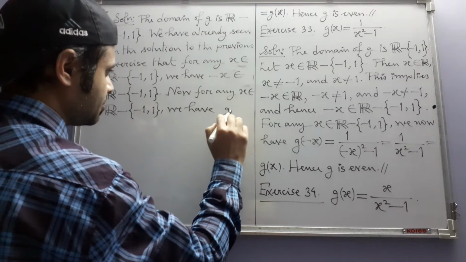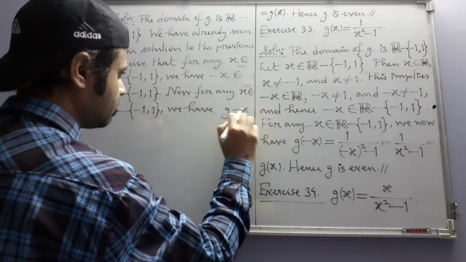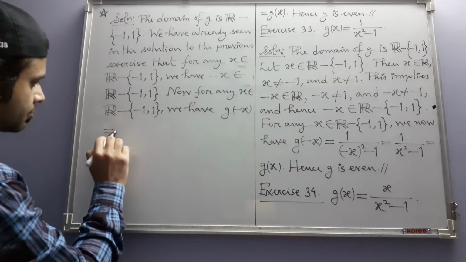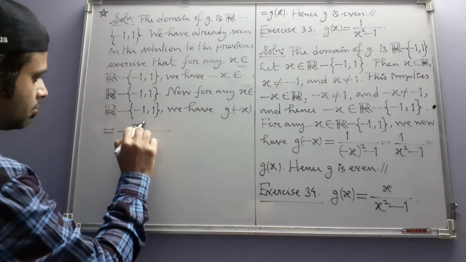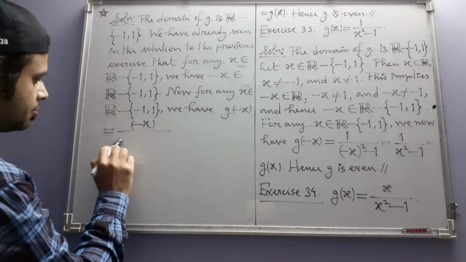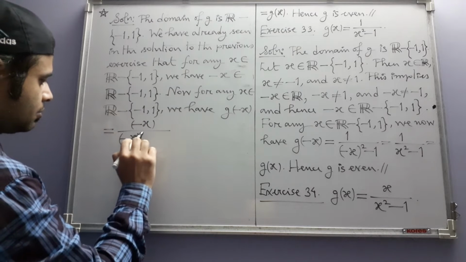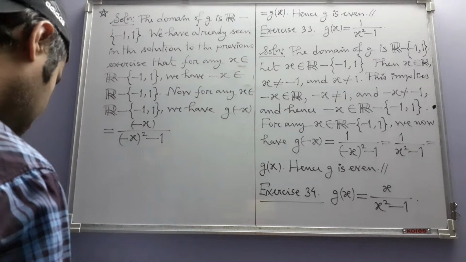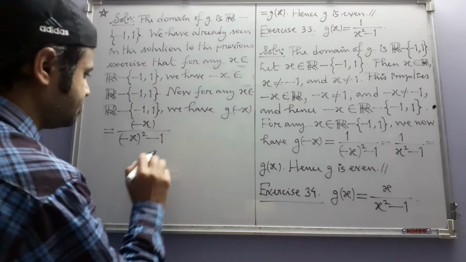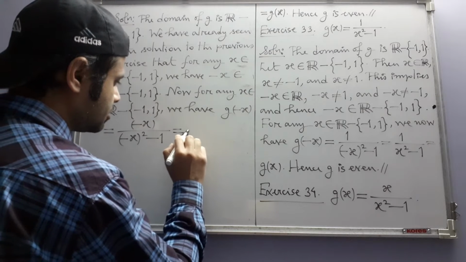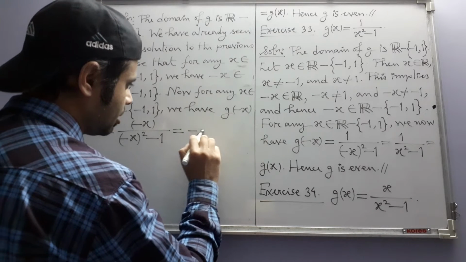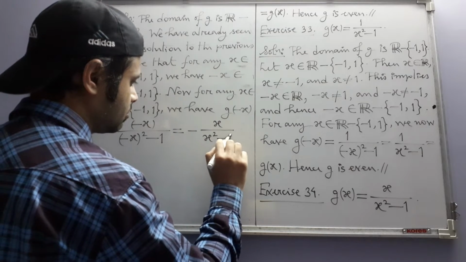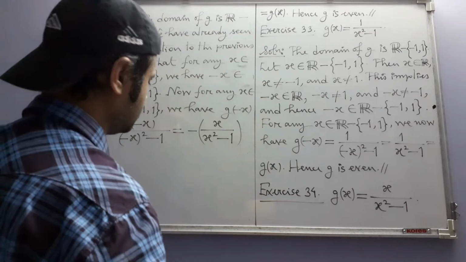Okay, now what happens if we calculate g of minus x? Minus x divided by minus x square minus 1. It is minus 1, no? Yes, okay. So this is minus x divided by x square minus 1.